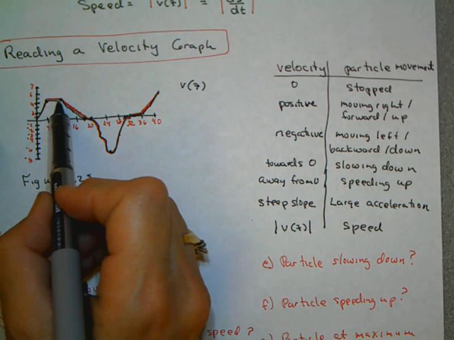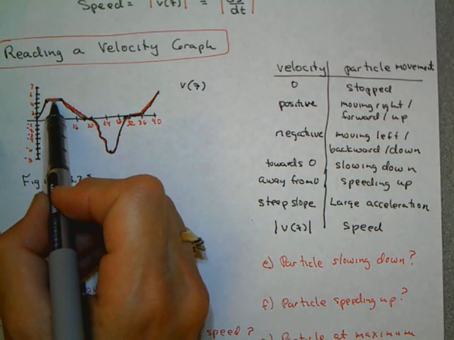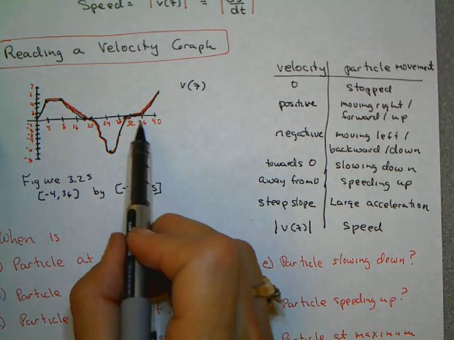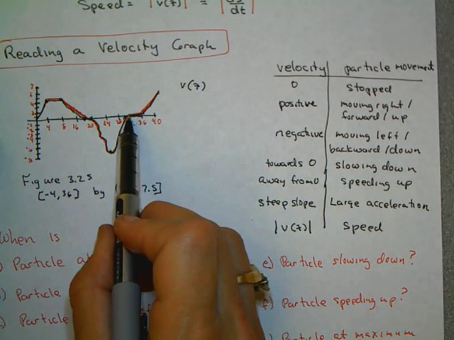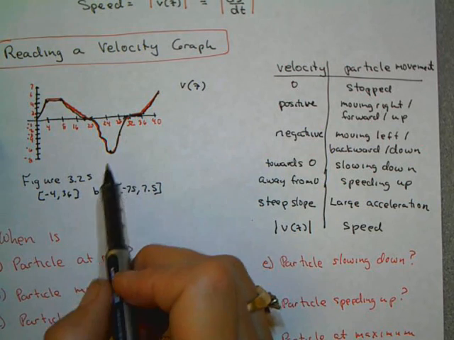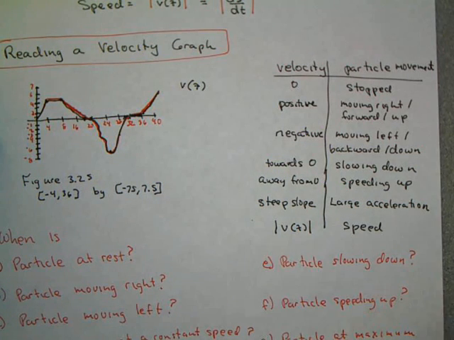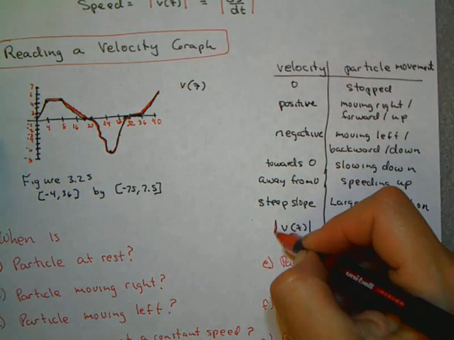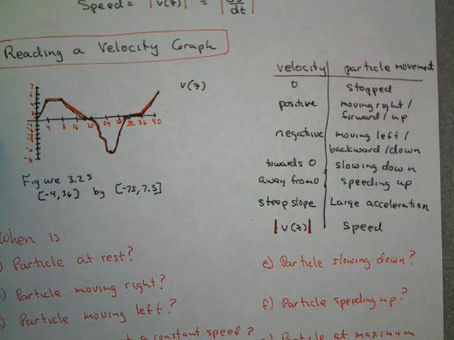When we have a steep slope, like right here, that means acceleration is larger. Here, where you see this constant slope, there is no acceleration. You're moving at a pretty steady speed. Here, if we're right on the x-axis, we're not moving at all, because velocity is 0.